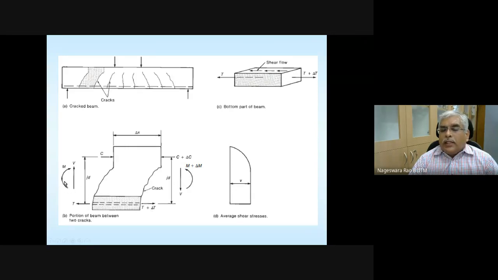M is the moment on this side, M plus delta M on the other side. V is the shear force. Please note that the shear force on this face and on the other face is going to be the same, otherwise it is not going to be in equilibrium. Take a note of this figure.